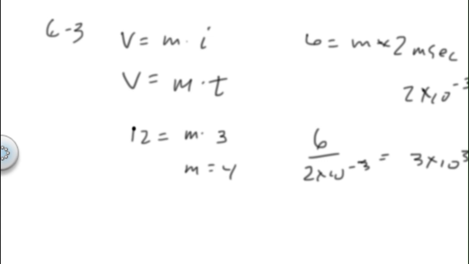Okay, for 6.4, for the waveform of 627C, find the voltage at t equals 2, 4, 6, and 8 milliseconds. So 627C, just by observation, at 2 milliseconds it's at 12 volts.